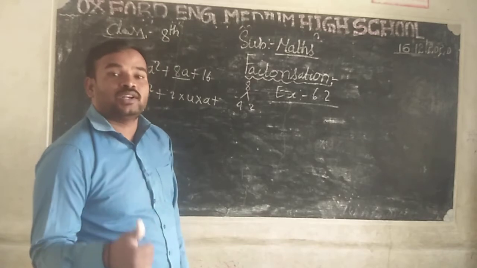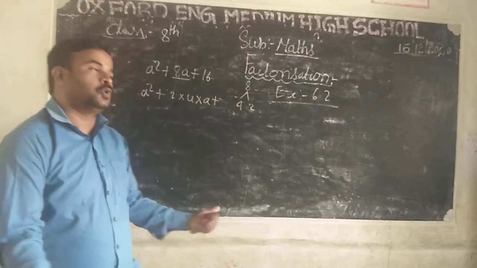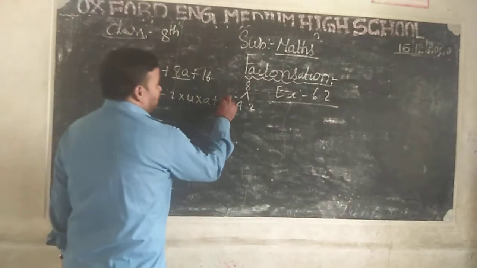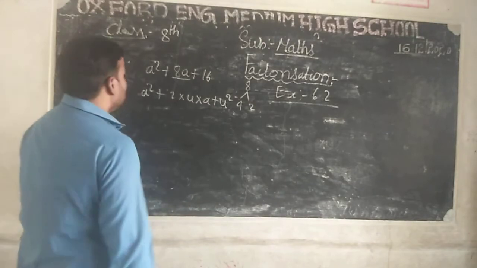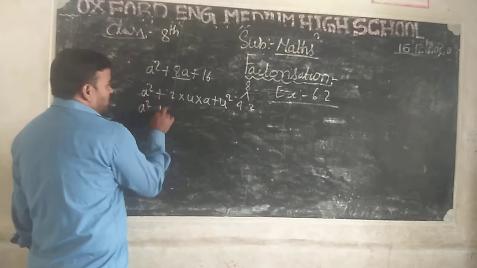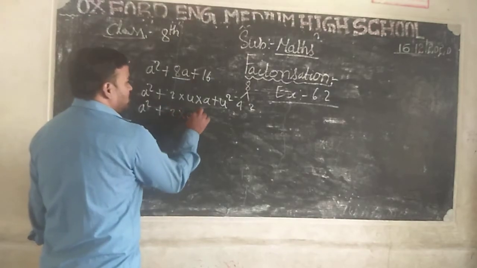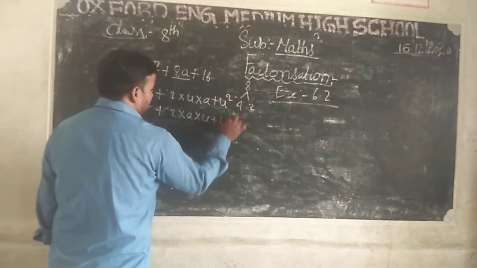So once again I rewrite it as a square plus 2 into a into 4 plus 4 square.